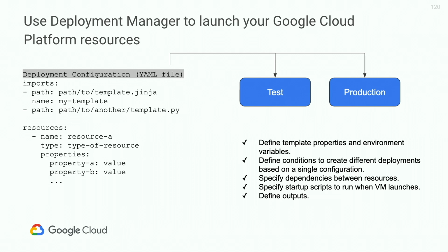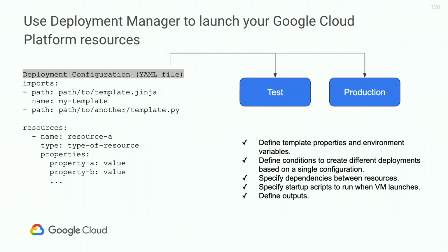So let's say you have an application that requires different kinds of stuff. You can put it into a deployment configuration. And the deployment configuration, as you can see on the screen, has three components. The first component is the name.